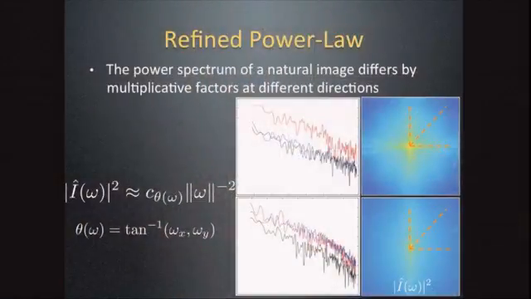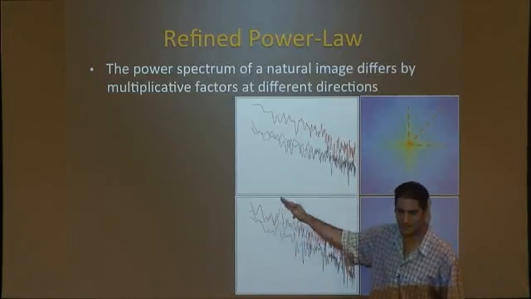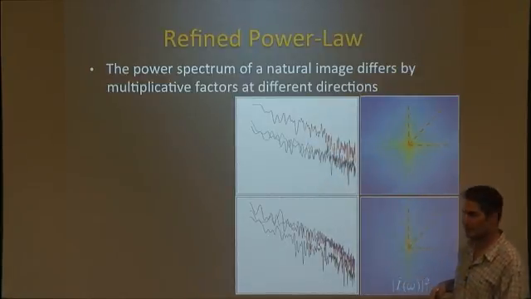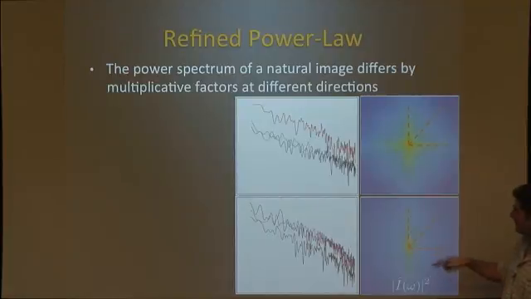So what we did is come up with a more refined power law, and the idea was to look at the profile of these functions at various orientations, okay? And this is what we get on a log scale. We see that we're actually getting these linear functions, and they just seem to be shifted by a constant, meaning that there is some multiplicative factor that is different along each direction.